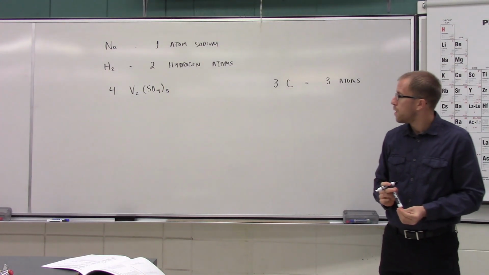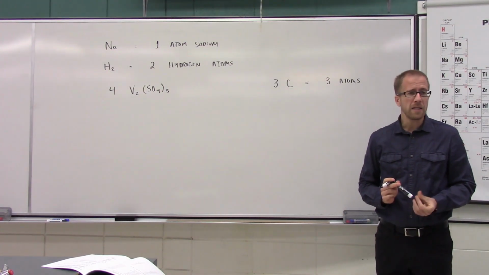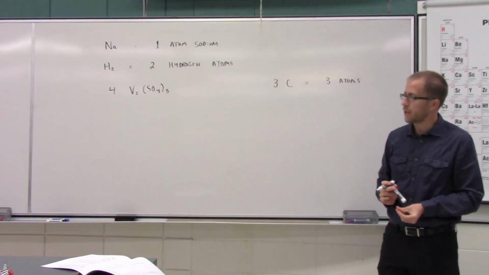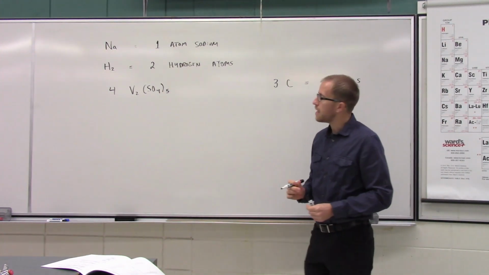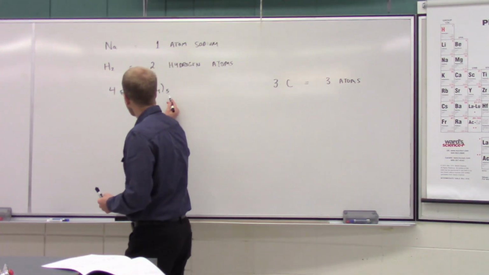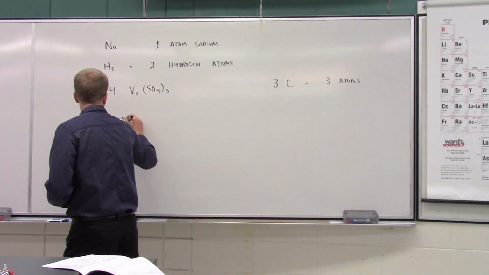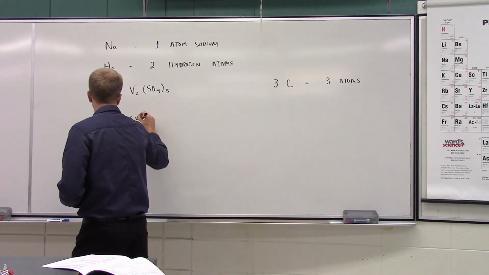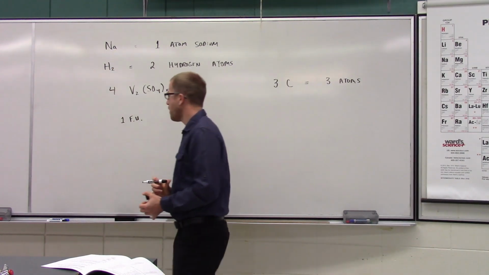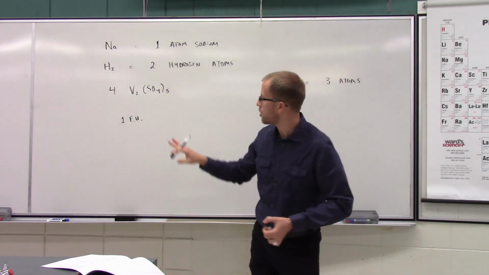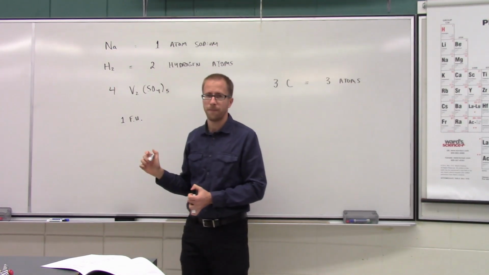So what I like to do with these problems, especially if you're trying to do it all in your head, is I like to say, okay, here we have an ionic compound. Let's figure out in one formula unit, how many of each atom do we have? So just ignore that coefficient in front right now.